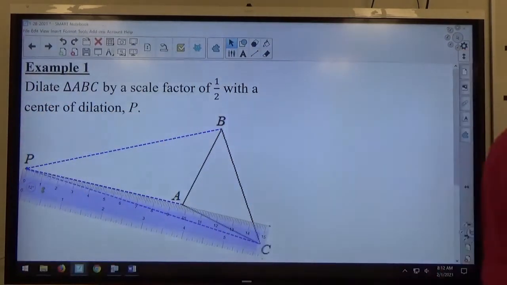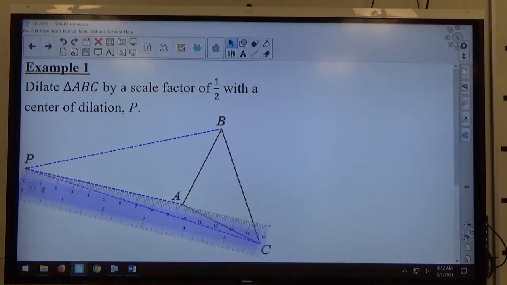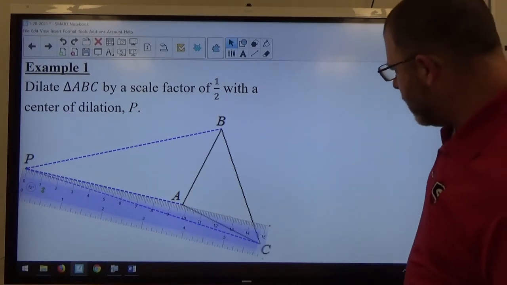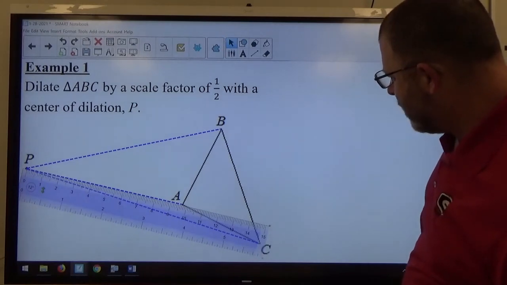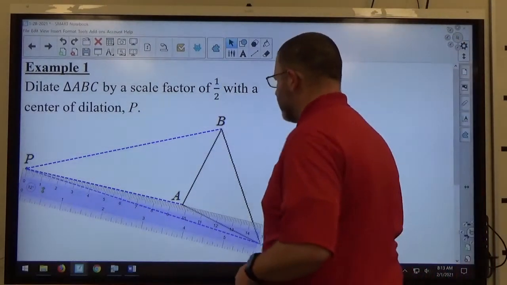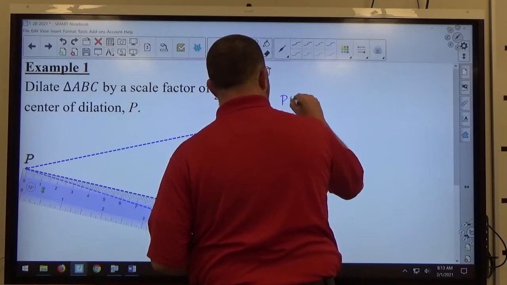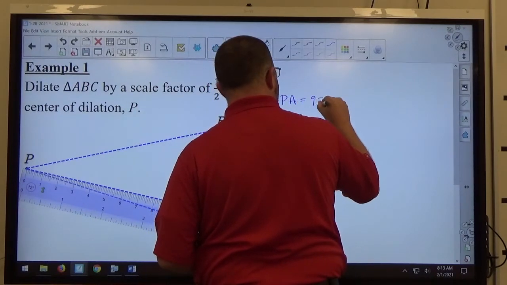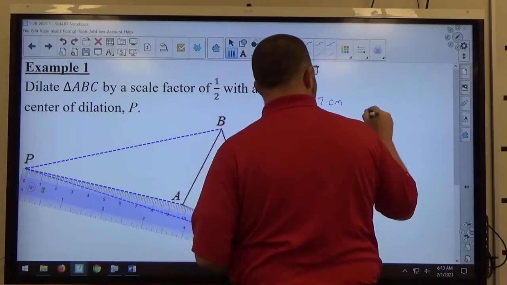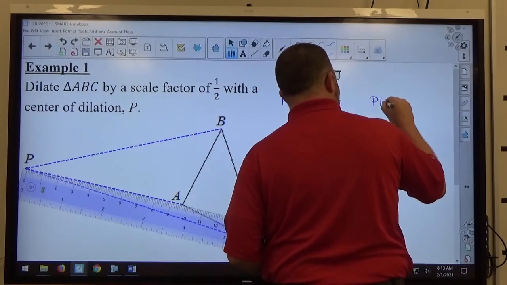Mine looks like 9.7 centimeters. So PA equals 9.7 centimeters.